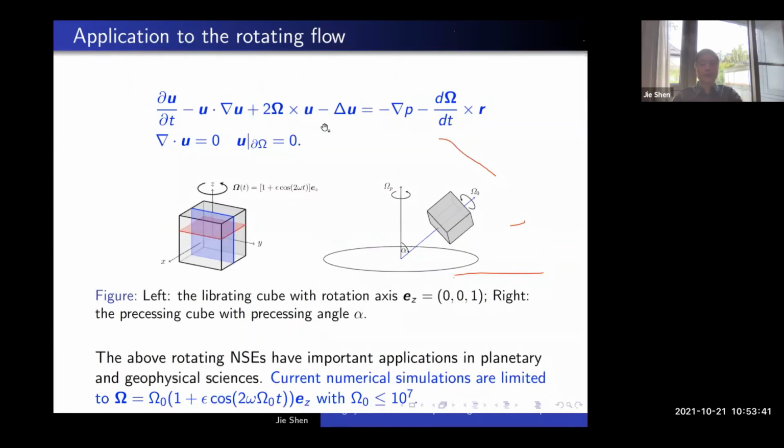Here's the rotating Navier-Stokes equation. The difference with the usual one is you have a Coriolis force, and it has a very important application in planetary and geophysical science, where this omega 0, the rotating speed, can be very, very fast.